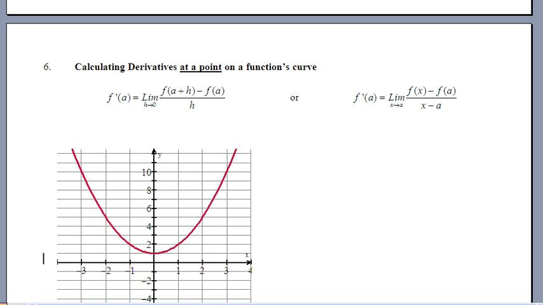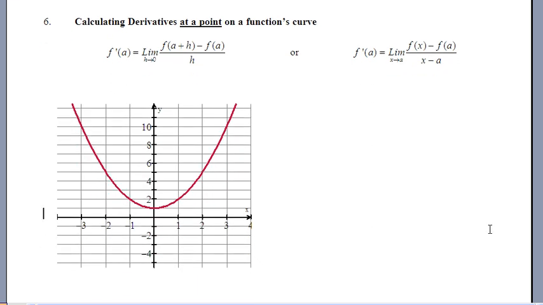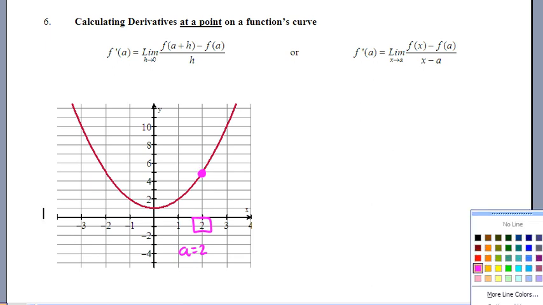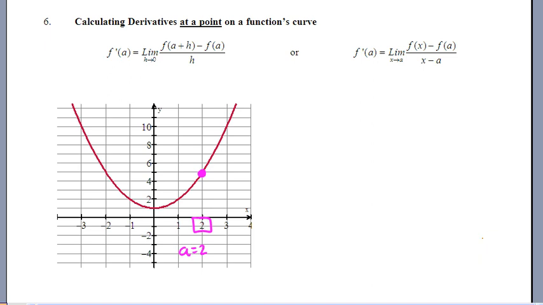So calculating derivatives at a point, that's when they lock in a number for you. They would say, we're going to lock in at x is equal to 2, right? a is equal to 2. That's the only place we're going to be at. Can you please go ahead and find the slope of the tangent line there? And you say, sure. Let me go with a couple of different x values.